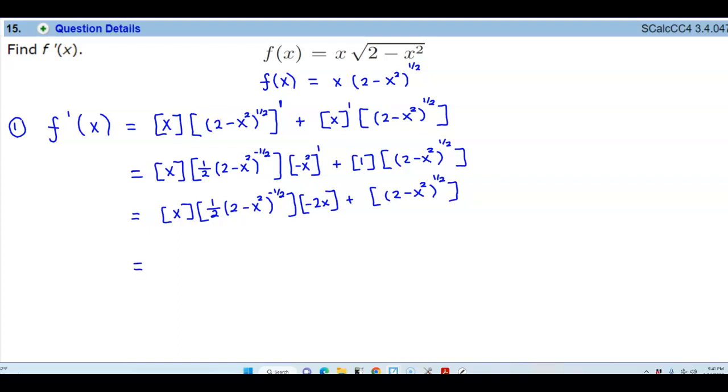Okay, so now let's go ahead and multiply this all out. If we take 1/2 and multiply that by negative 2, we're going to get negative 1. And this x times x is going to give us negative x squared, times 2 minus x squared to the negative 1/2, plus 2 minus x squared to the positive 1/2.